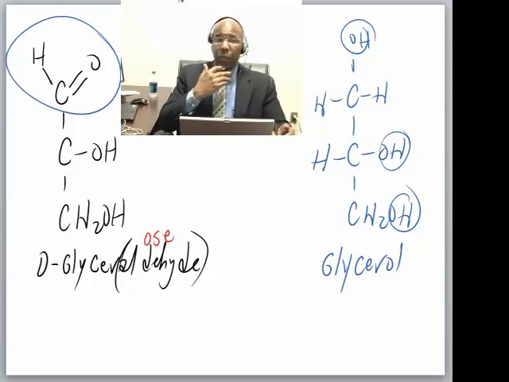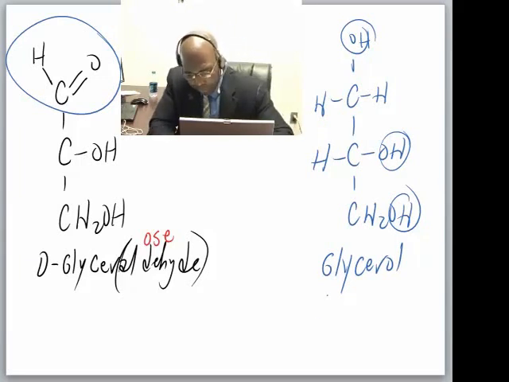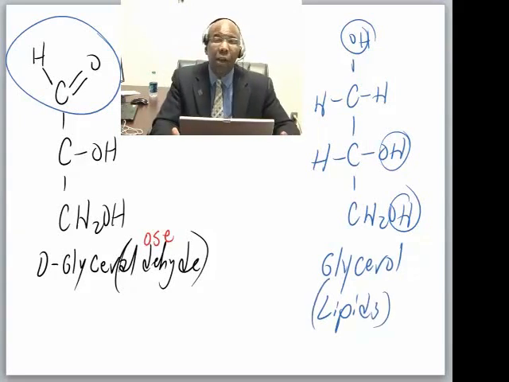And glycerol is found in lipids. It's really prominent in lipids. And glycerol is a sugar alcohol. It's a sugar alcohol.